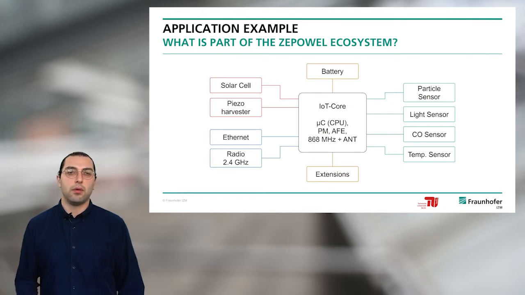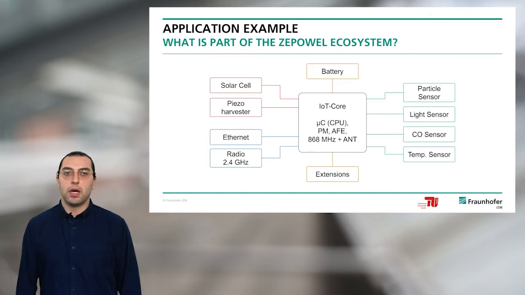It integrates all the important parts which we need for an IoT platform, like a microcontroller where we perform our power management algorithms, but also a power management concept, an analog front end to integrate additional sensors, and also a radio communication. Around this main controlling part, there is a whole ecosystem of additional extension devices.